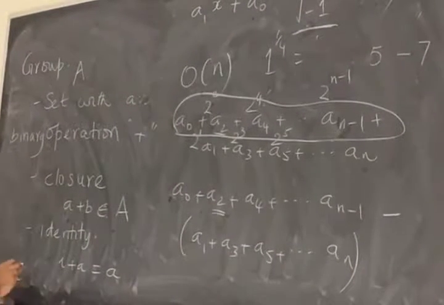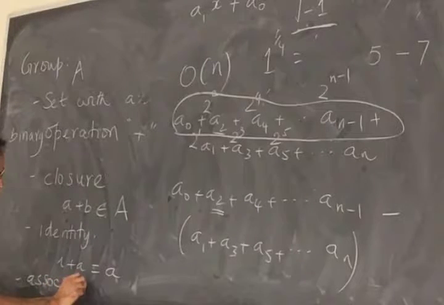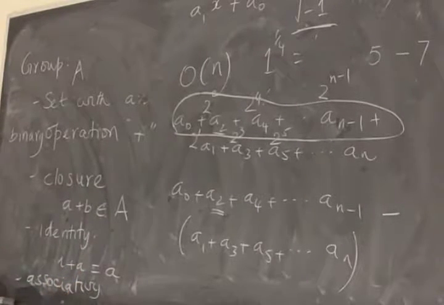And then you have associativity, which I presume everybody has heard of. There's also an inverse property.